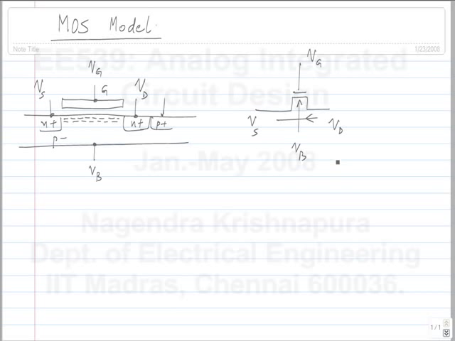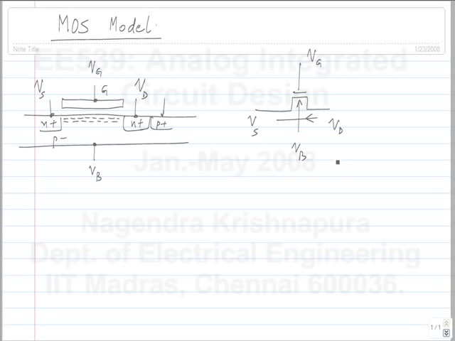So, it is an inherently symmetric device, but the way we model it is similar to the way bipolar transistors are modeled. So, we will end up with an asymmetric looking model. It is also symmetric. Okay. But first you have to identify which one the source is, and the source is the lower potential terminal.